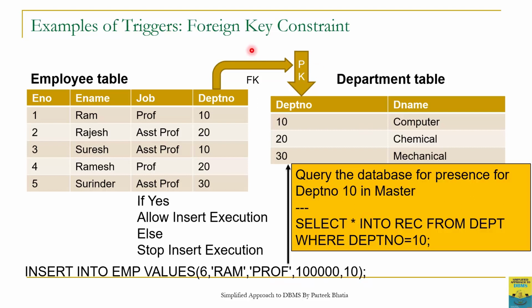So we can conclude that whenever we apply a foreign key constraint, Oracle internally executes code automatically behind the screen to validate the input department number issued in the insert statement. If the record is found in the master table for the input department number, then this insert statement will be allowed to execute. Otherwise, this will return an error message.